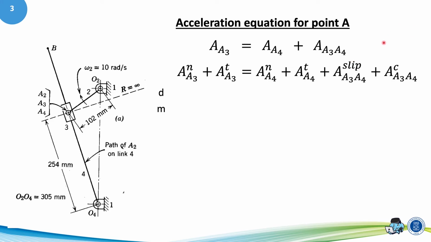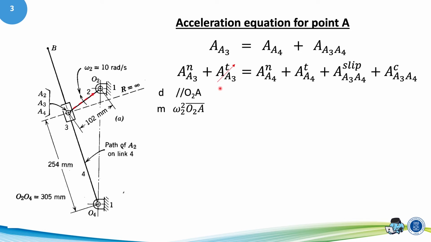Okay. Next, we determine the direction and the magnitude. But before then, you can see that omega 2 is constant. So we can cross out the AA3 tangential because the alpha should be 0.